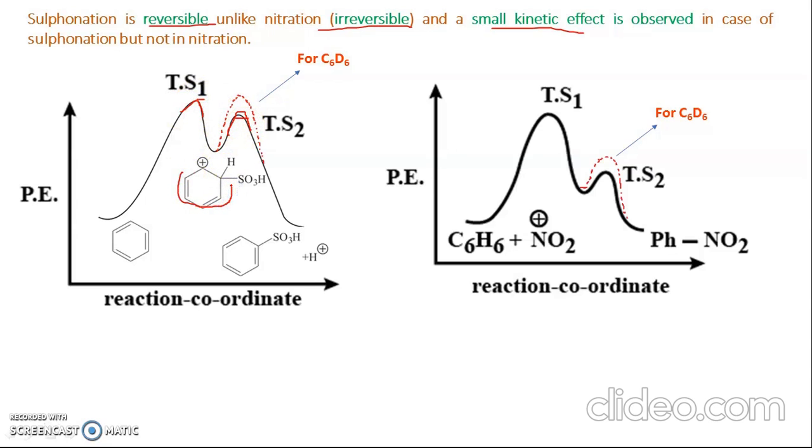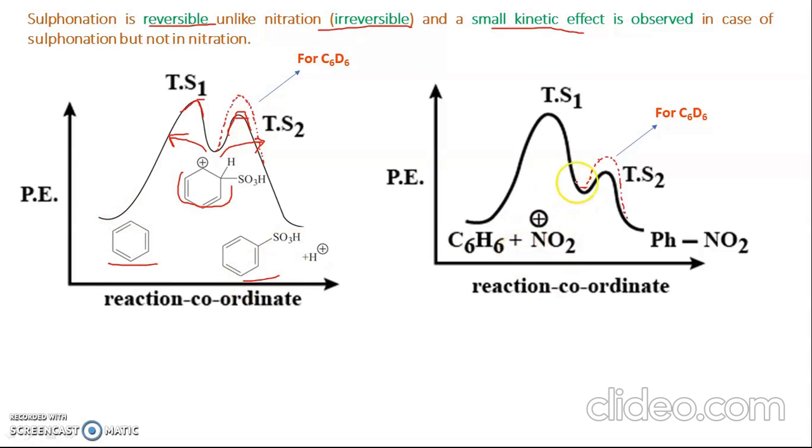Once it is formed, it can move towards the left-hand side as well as the right-hand side, because on both sides the height of the energy hill is almost the same. When it moves left, we get the benzene ring again, and if it moves right, we get sulfonic acid. So that is the reason for its reversible nature.